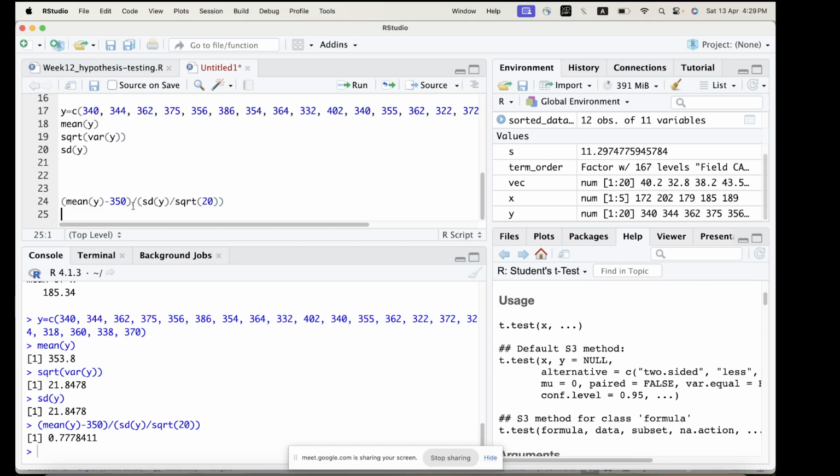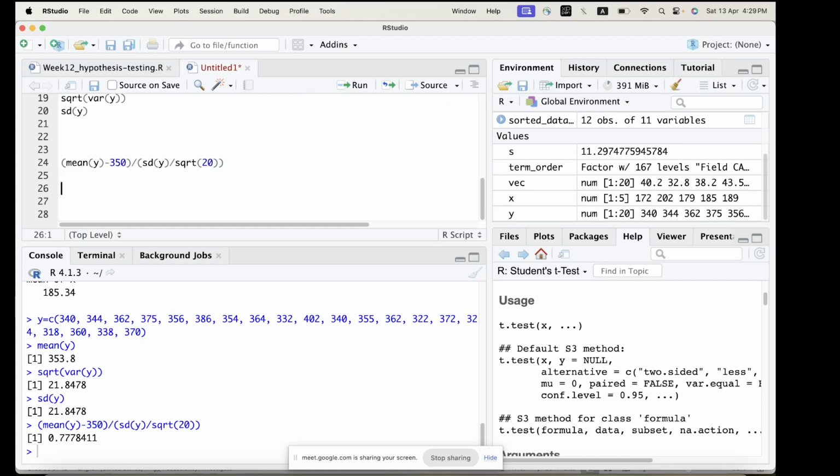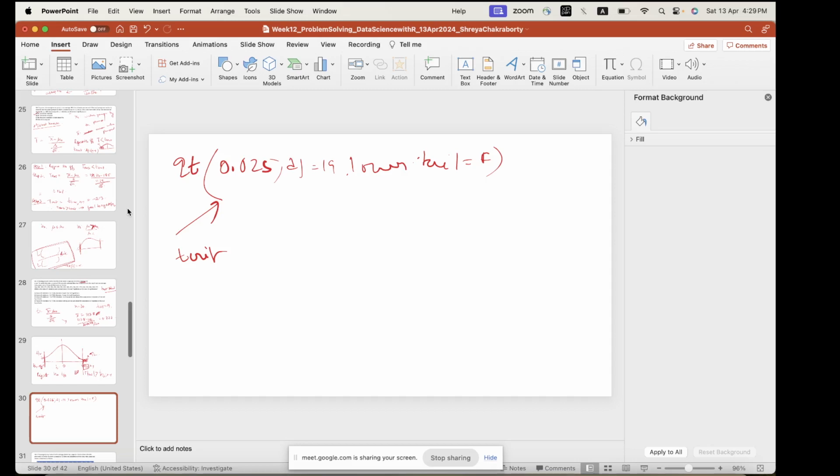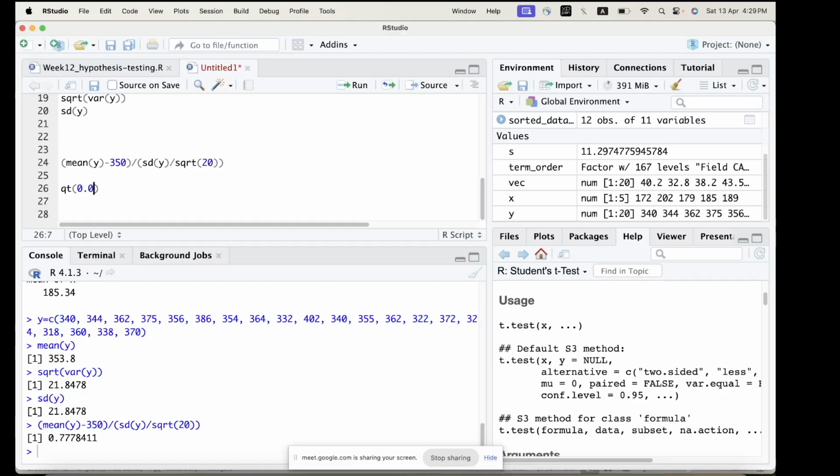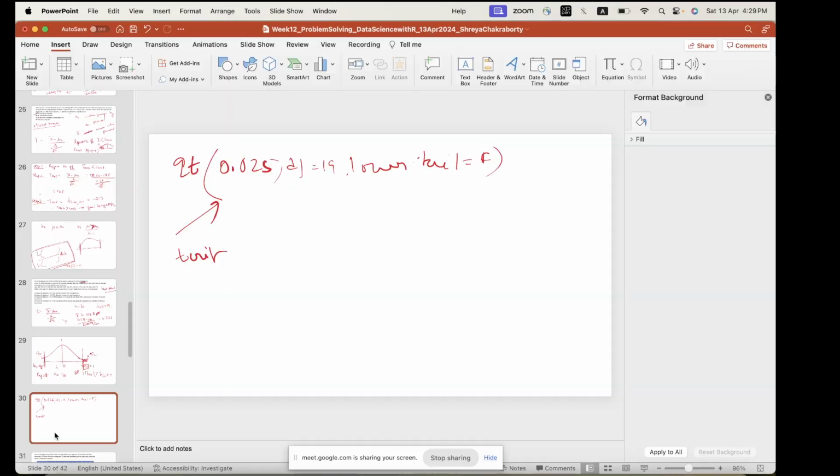So t critical will be how much? I just mentioned qt. Here we have to be careful, in case of a two-sided test, alpha by 2 we have to provide. So this is 0.025, df is 19, and lower.tail equal to FALSE. So this is 2.093. T critical is 2.093.